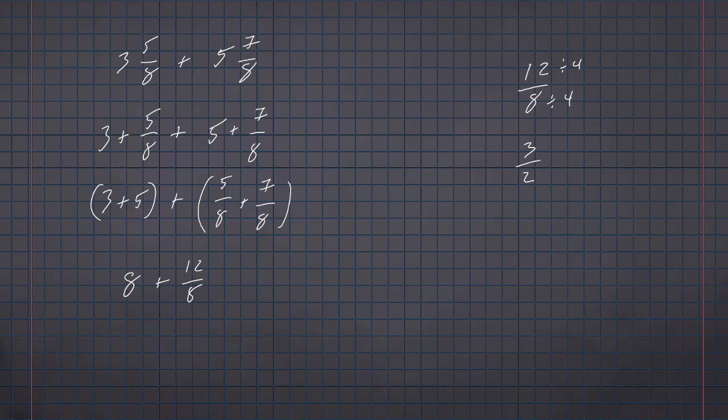The other thing I want to notice here is that this is an improper fraction. And while mixed numbers are fine and improper fractions are fine, a mixed number with an improper fraction in it is not okay. So we can't leave this as an improper fraction.